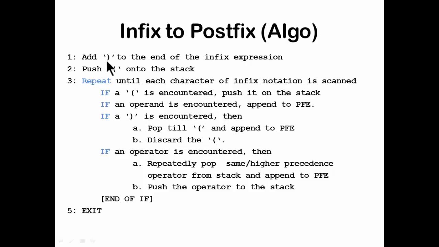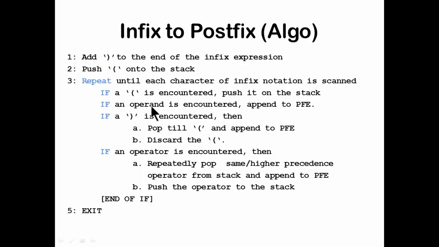Algorithm. The first step of the algorithm is that I am appending a right parenthesis to the expression. I am pushing the initial value of left parenthesis into the stack. Then I am reading all the characters of the infix notation. If I get a left parenthesis, then I simply push it into the stack. The second example that we saw, we did this.